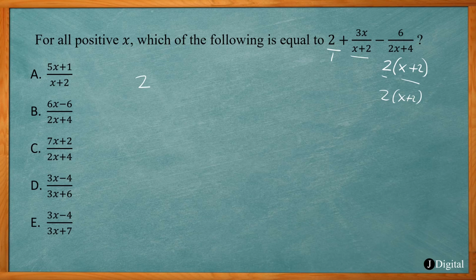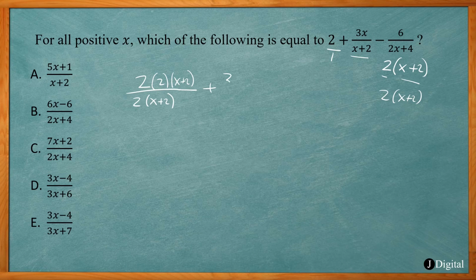So the first has a denominator of 2 times x plus 2. You see we added both of these to the denominator, so we have to add them to the top too. So our first numerator is 2 times x plus 2, over 2 times x plus 2.